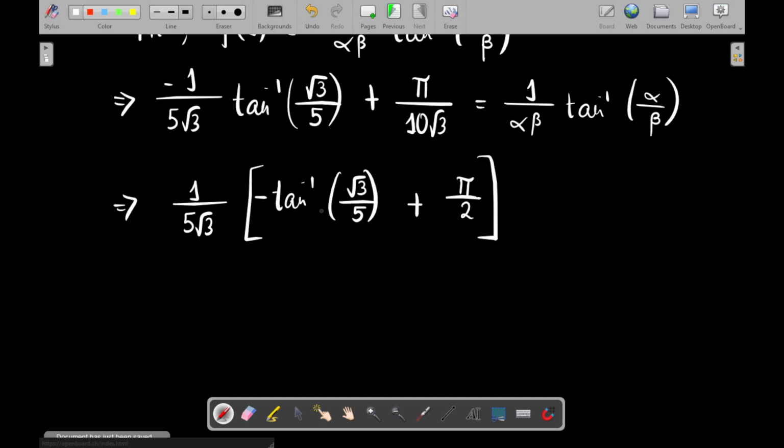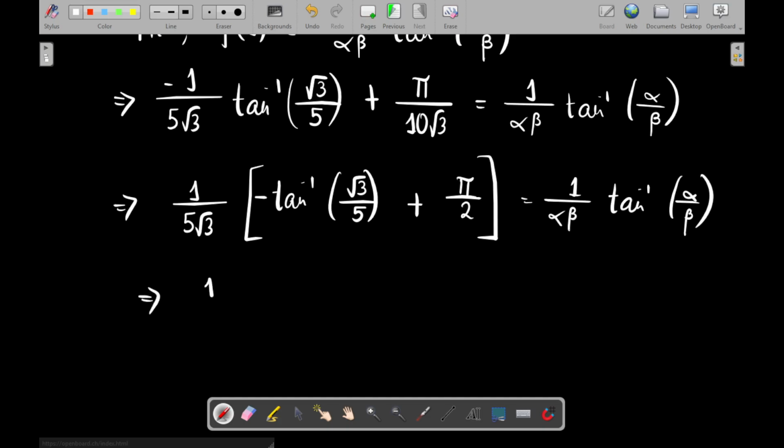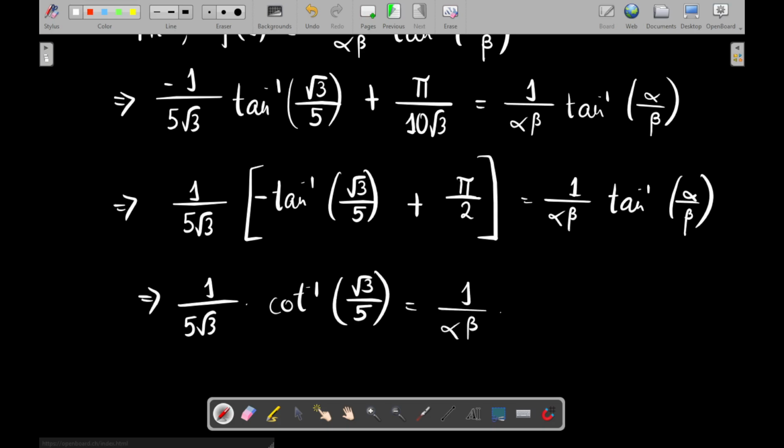So this probably becomes cot inverse x. Okay, let me try. So this is 1 upon 5 root 3 times cot inverse of root 3 by 5. So if this is cot inverse x, we can change the right hand side. This is tan inverse alpha by beta, right? So if we change it to cot inverse, this will become beta upon alpha.